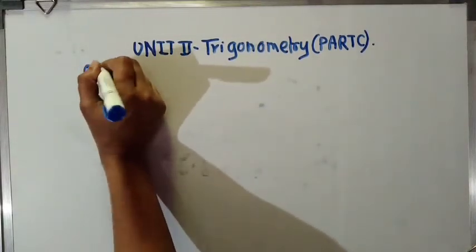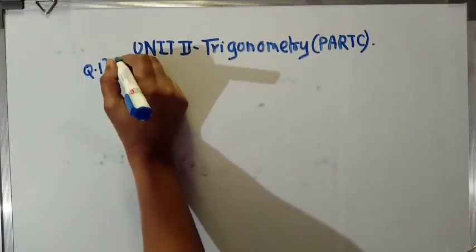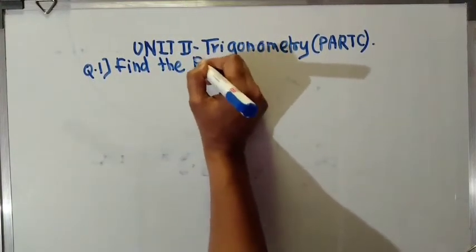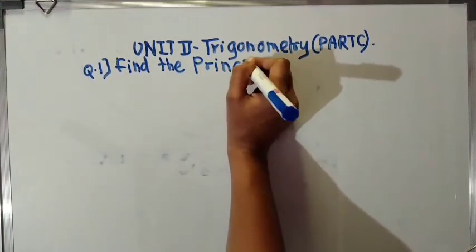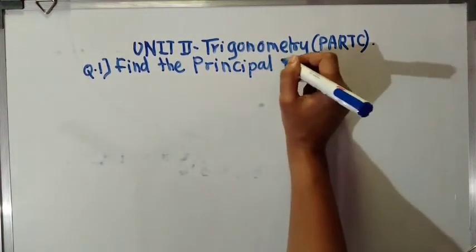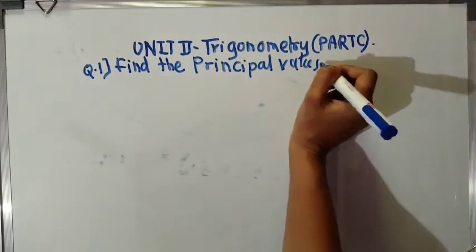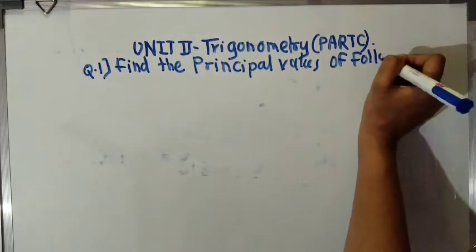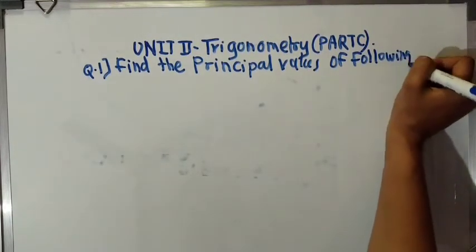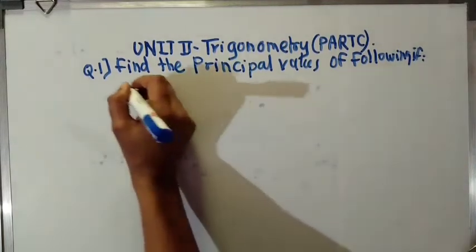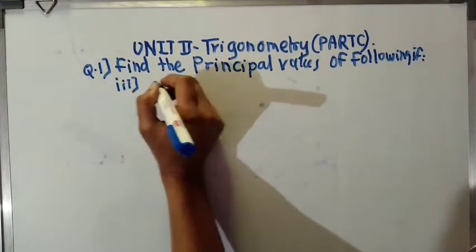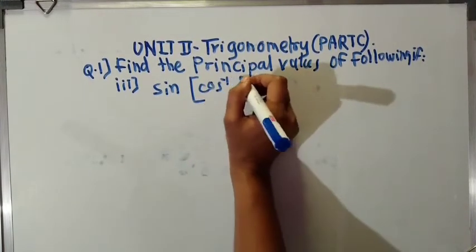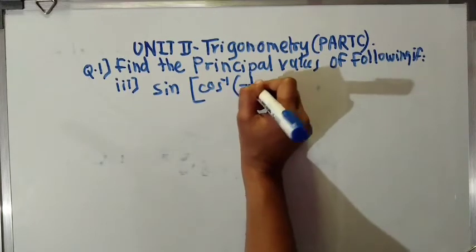So question first is: find the principal values of the following. Find sine of cos inverse of -1/2.